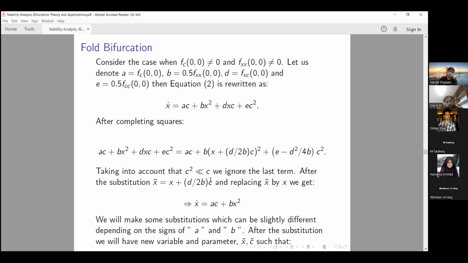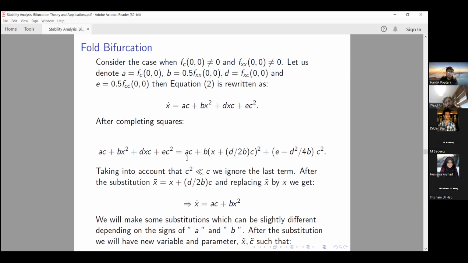And then take into account that c is obviously super small, and c squared will be even smaller. So we assume that we can remove this term, as it's very, very close to 0. We can also substitute this whole thing with a new variable, x tilde, and then get rid of the tilde for simplification.